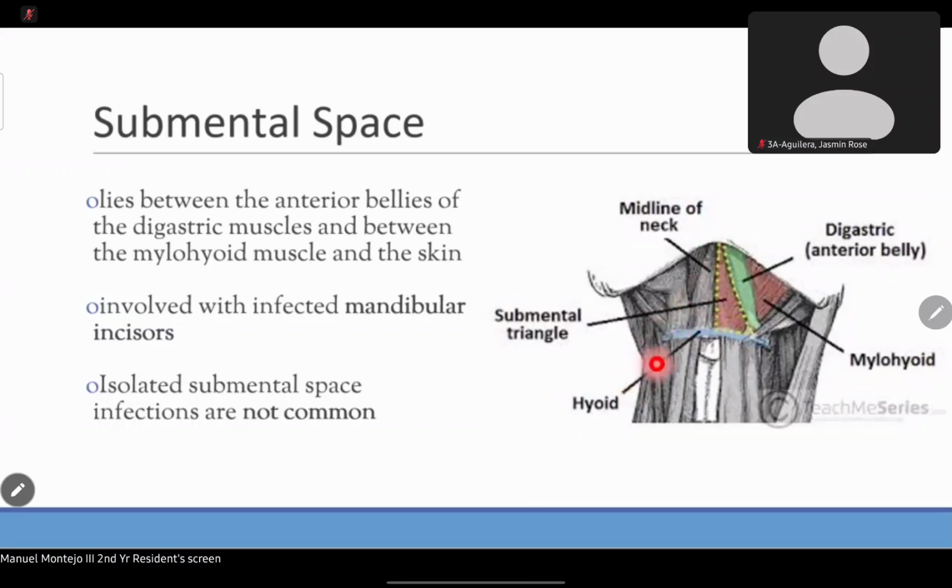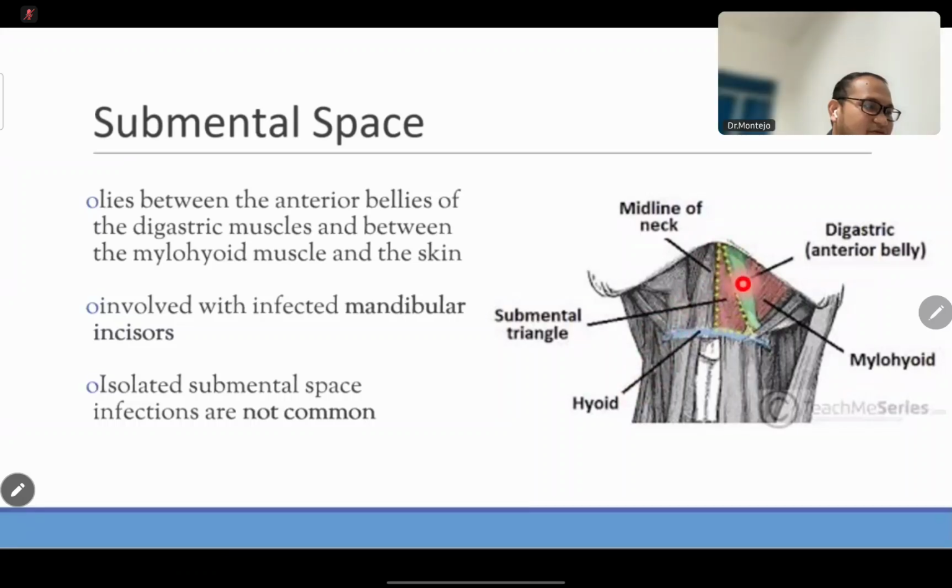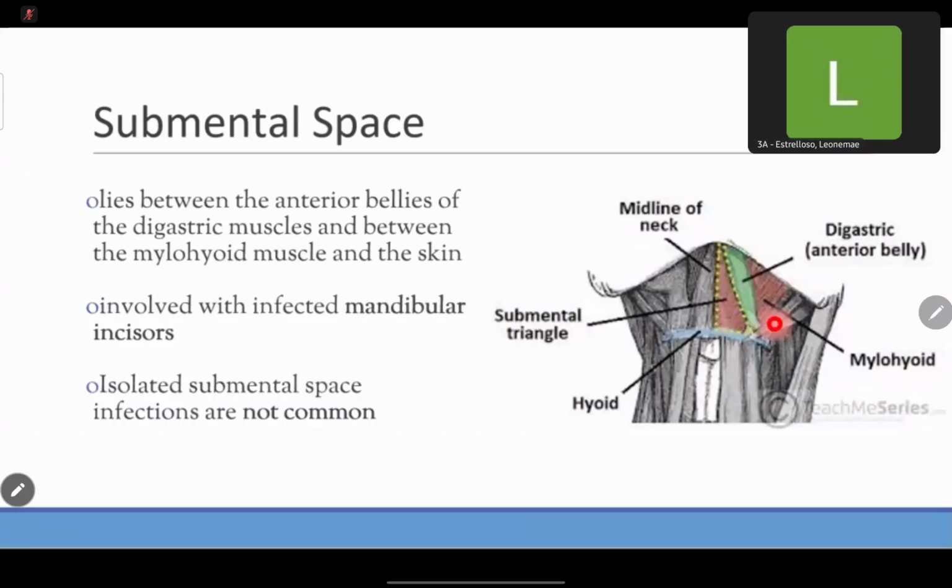Fats, and your level 1A nodes. Okay? Does level 1A have laterality? None. Very good.